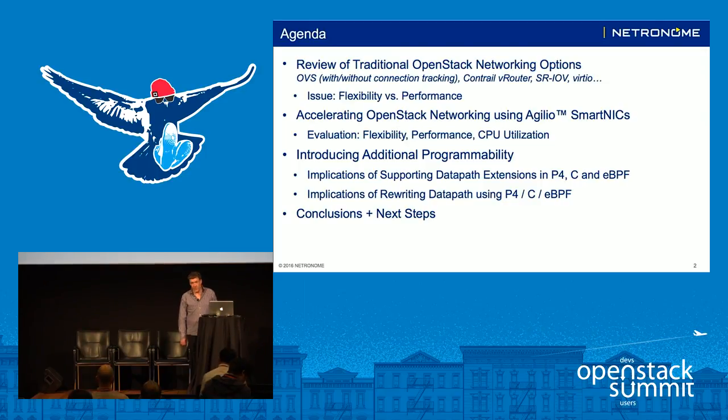To make things yet more flexible, we'll introduce those programming languages, P4C, but also a new Linux kernel construct, eBPF, adding flexibility into the Linux kernel, which can also be offloaded to the SmartNIC. Looking at various permutations and combinations of either doing the entire data path using these or by just injecting little pieces of code into existing data paths.